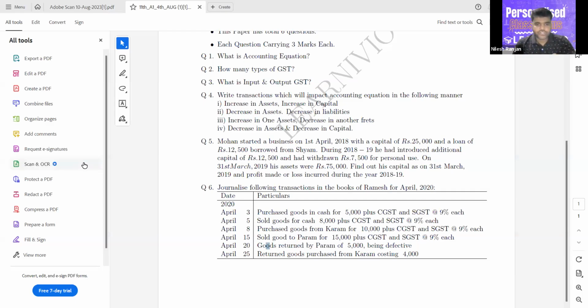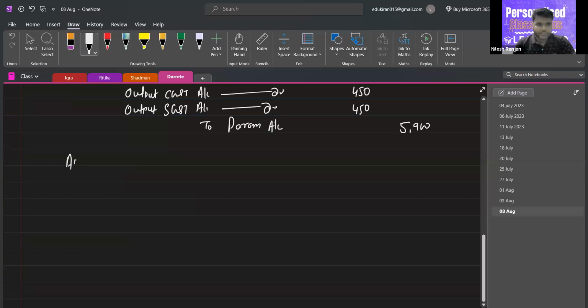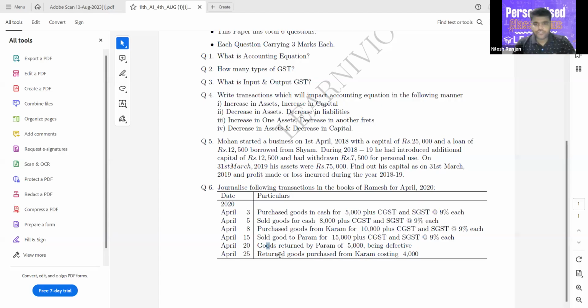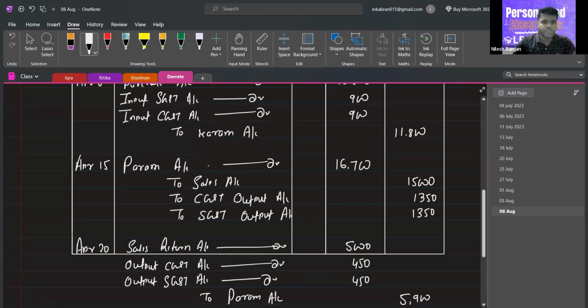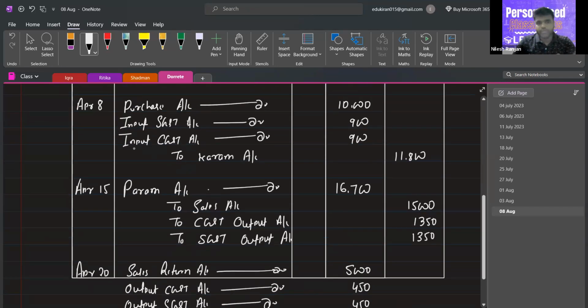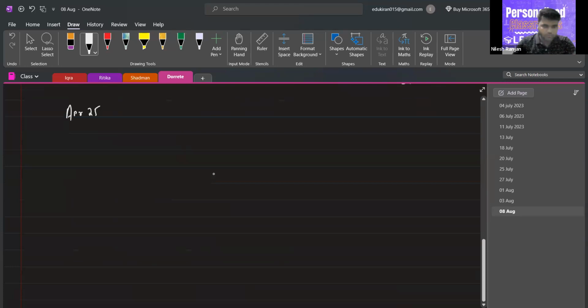And the last transaction is April 25. It is return goods purchased from Karam. Now we are returning goods to Karam. So the entry was purchase account debit, input SGST, input CGST to Karam. But this entry will be just opposite now. So Karam account will be debited because we are returning goods to Karam.